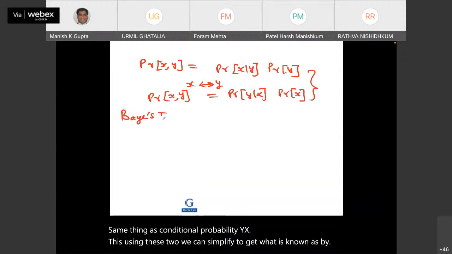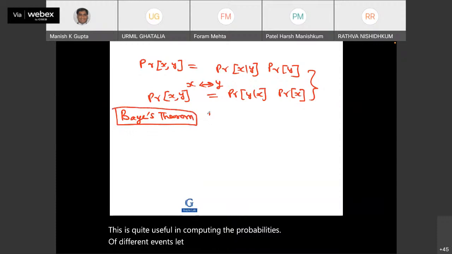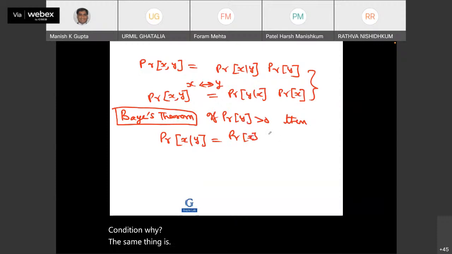This is quite useful in computing the probabilities of different events. So let me put it like this. If Pr(y) is positive, then Pr(x|y) is the same thing as Pr(x) times Pr(y|x) divided by Pr(y).